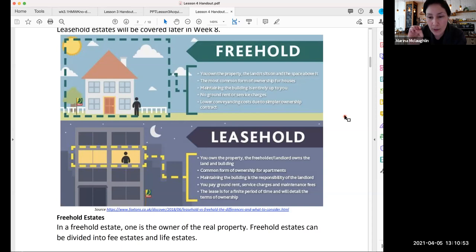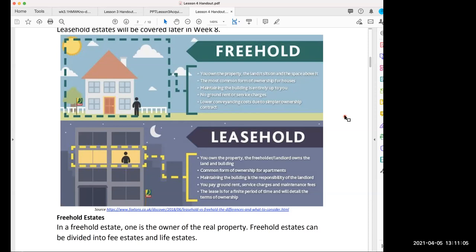The condo though, it is a little different than an apartment because you do own the condo. I live in a condo. Okay.